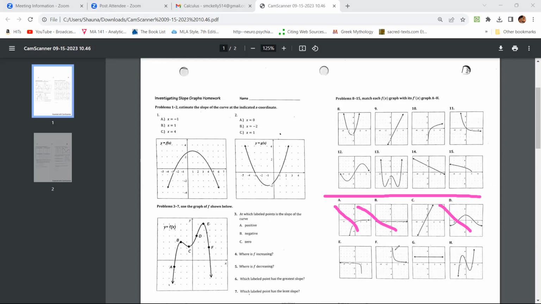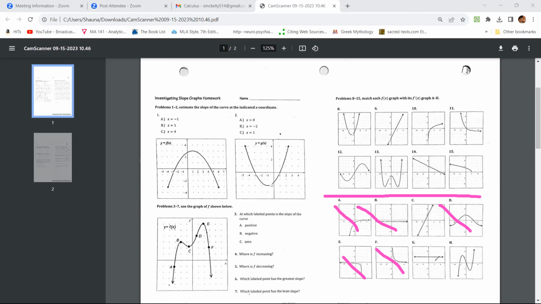No. E doesn't even look like it, so we're going to eliminate E and F. G again is a constant function, which we know we don't have, because if we had a constant function, our slope would be the same all the time. And it's not, is it? No, it's not.